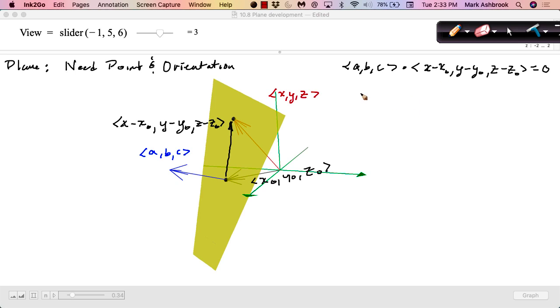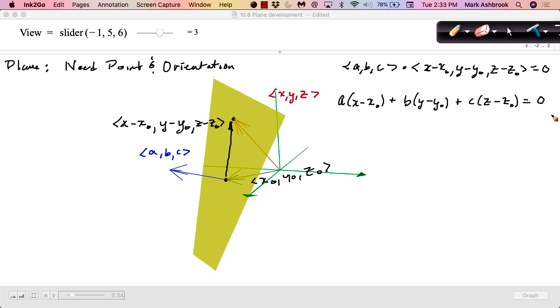Okay, so now here we do the math. And when we do the math, all the vectors go away. Are you with me? You follow that? So I just did the dot product.